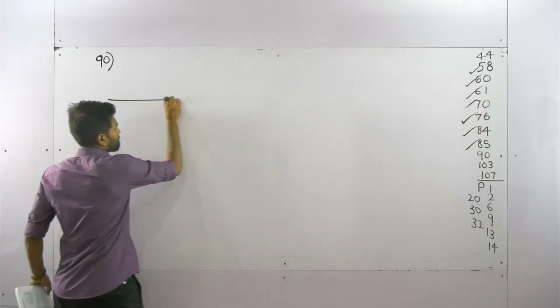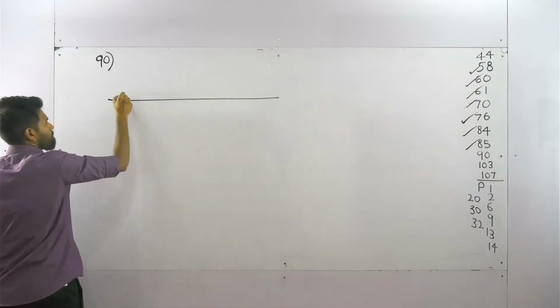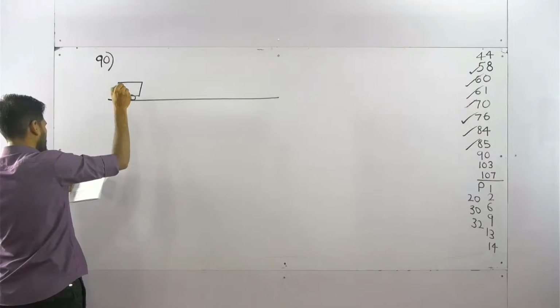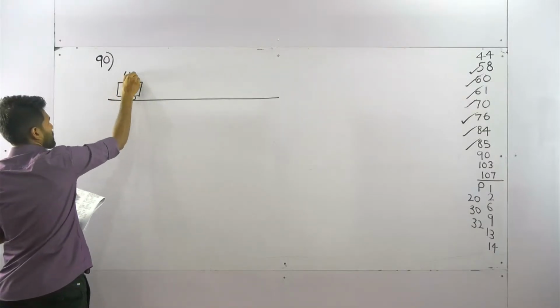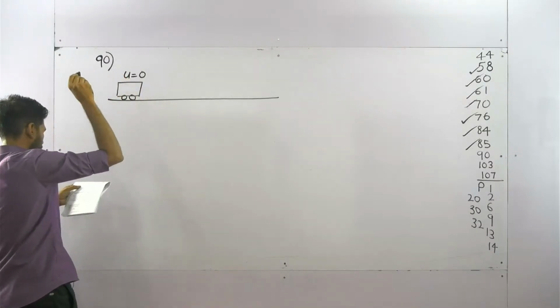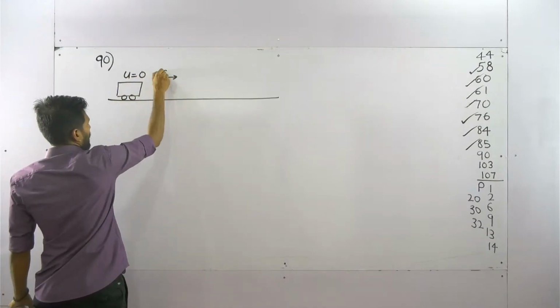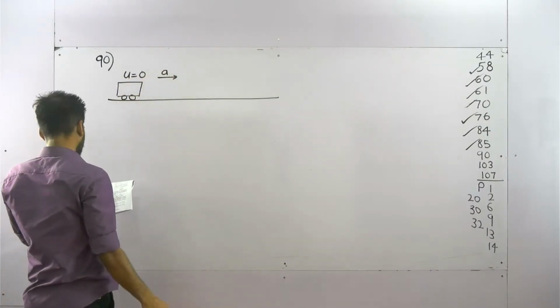Draw a small diagram. The body starts from rest, so its initial velocity is 0. It moves with a uniform acceleration, so you can apply the equations of motion.